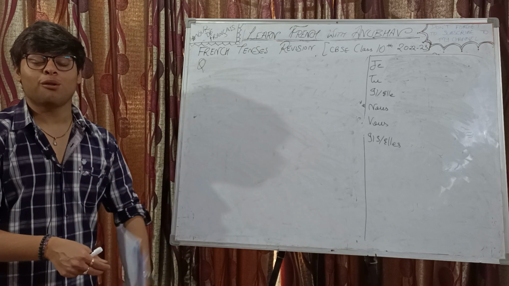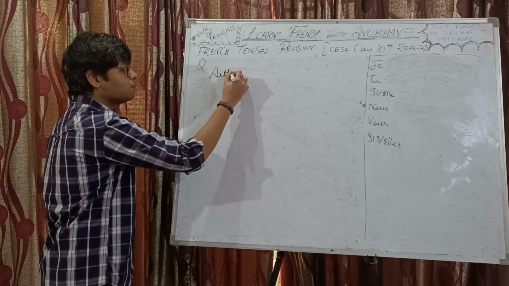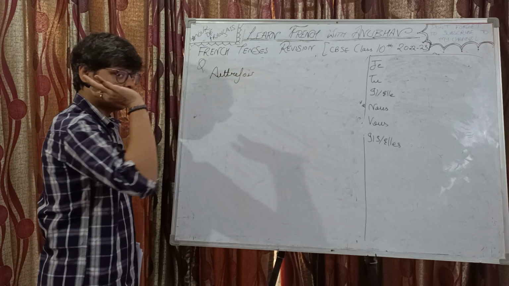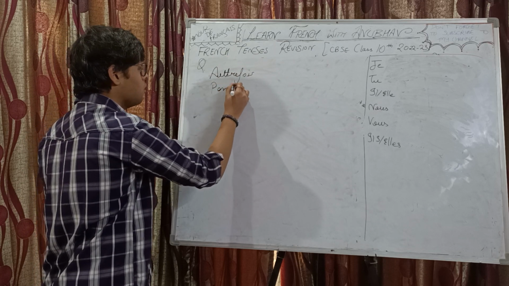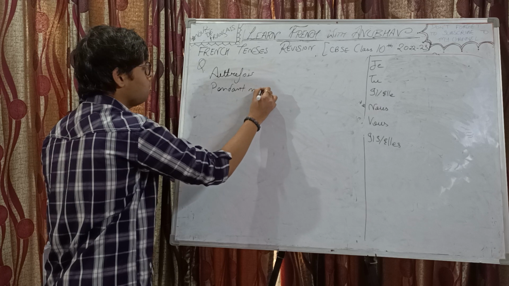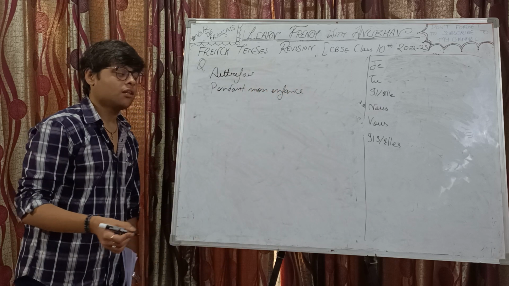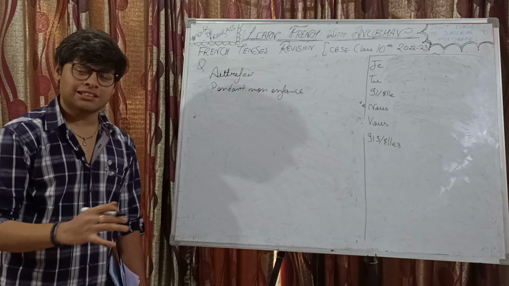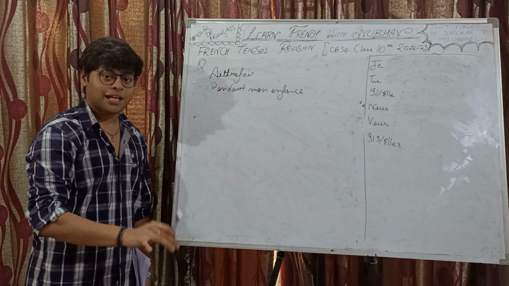Imparfait is used for prolonged action in the past. Indicators: autrefois, back then, or once upon a time; or pendant mon enfance, during my childhood. Another application of imparfait comes in si clauses, and si clauses we will also discuss later in this video itself.